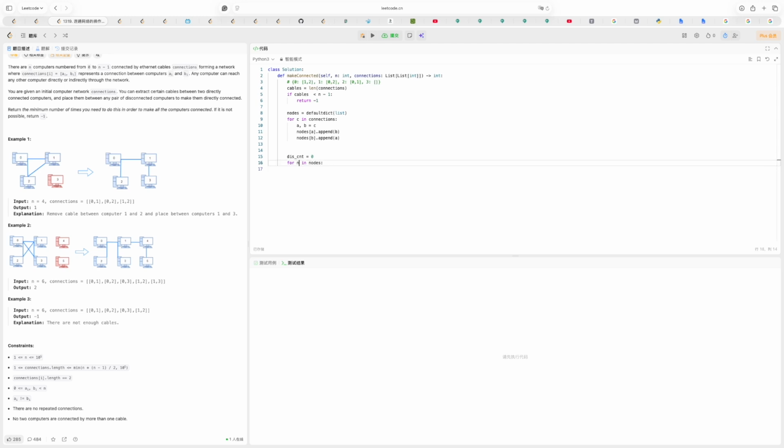Maybe it's key value, KV. So if v is empty, then disconnected count plus 1, and then we can return disconnected count.